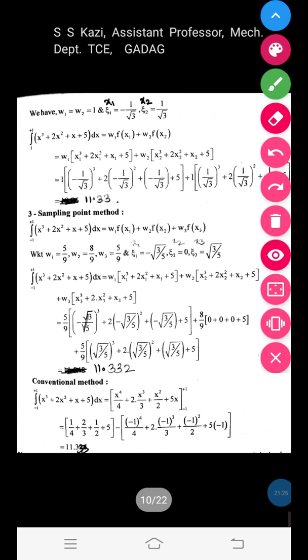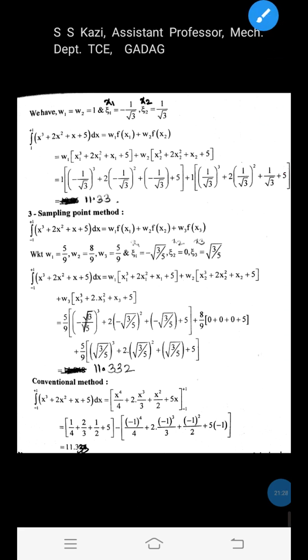This is how we can evaluate the integrals using 1-point, 2-point and 3-point Gaussian integration methods by using the values of weights and sampling points.